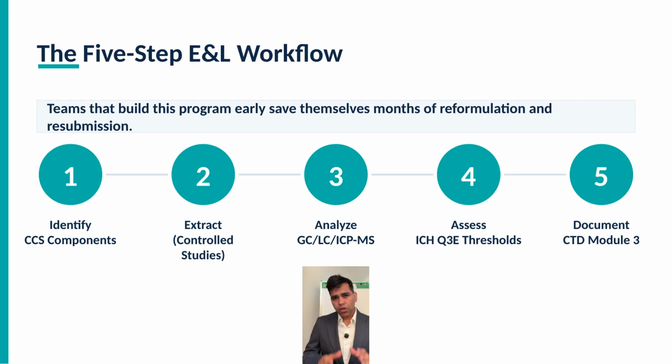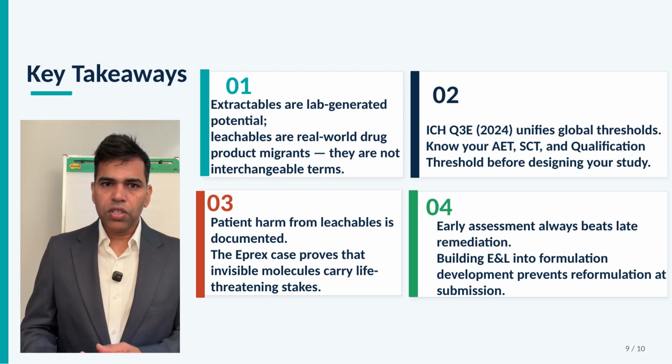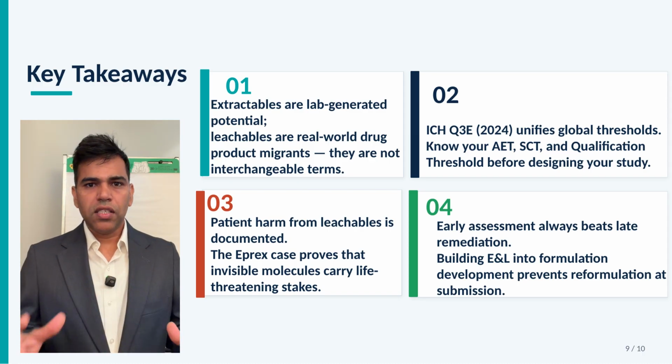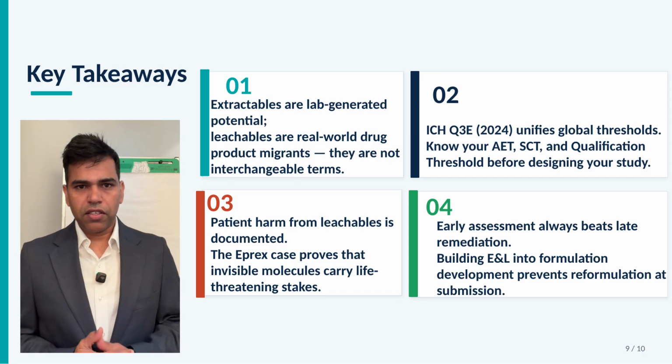Fifth, document everything for your CTD Module 3 submission package. The teams that build this in early save themselves months of pain. The ones who bolt it on at submission almost always find something they didn't expect.